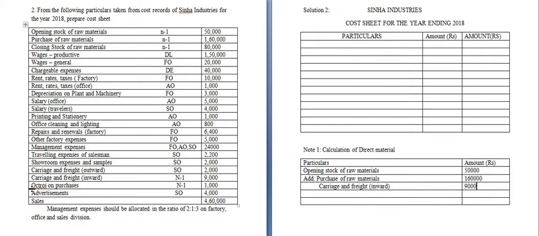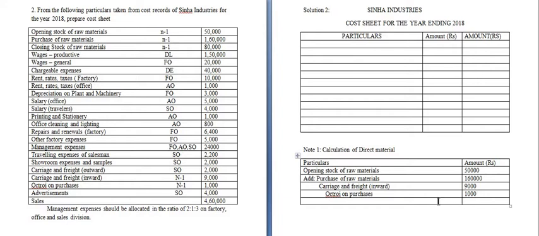Next, octroi on purchase. Octroi on purchase is also incurred at the time of purchases. So write it here, octroi on purchases. Amount is how much? 1,000. Now we have taken all the expenses.